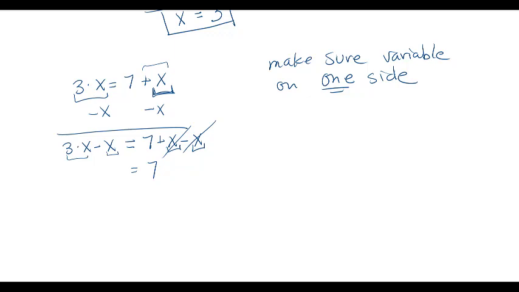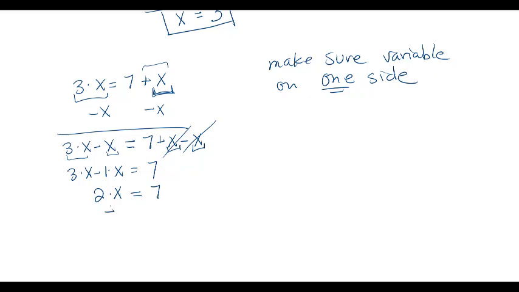If we had 3 apples and we took away 1 apple, we would do 3 minus 1. And that's basically what we're doing here. So we have 3x minus 1x, right? I can write that out again so that it's clear. 3 minus 1 is just 2. So we're left with 2 x's equals 7.